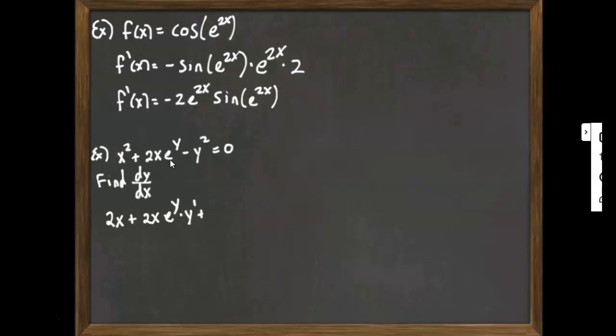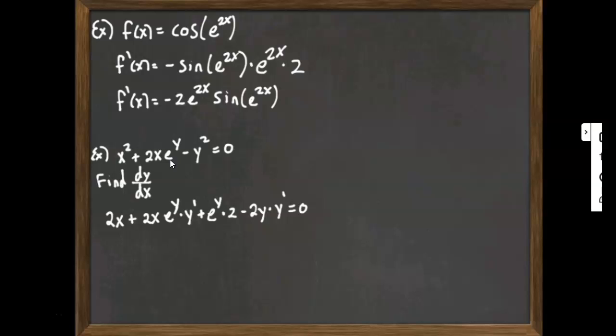And then plus e to the y times the derivative of 2x, which is 2. And then don't forget about the y squared. Derivative of y squared would be 2y. And don't forget the y prime. And then that's all equal to 0. And then we need to solve for y prime or dy dx.